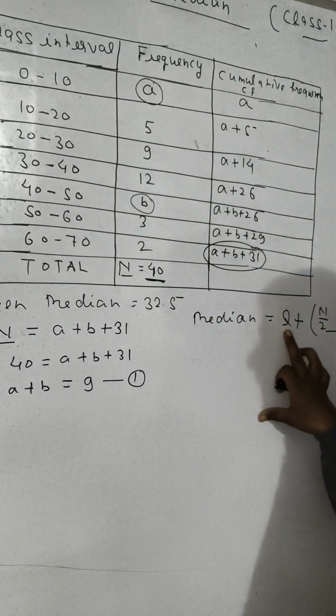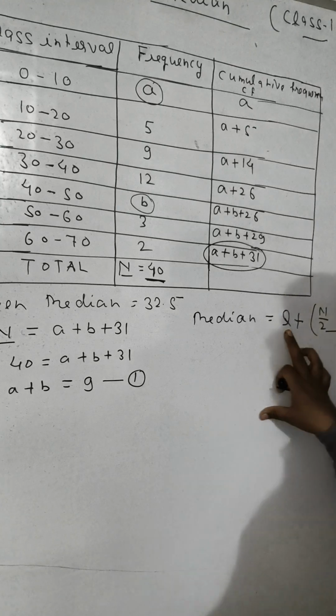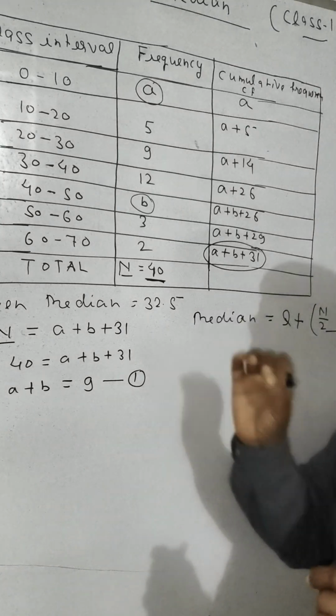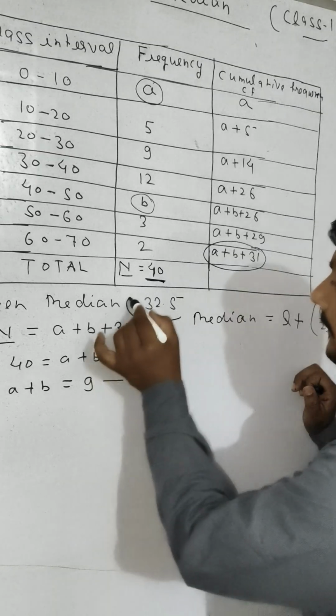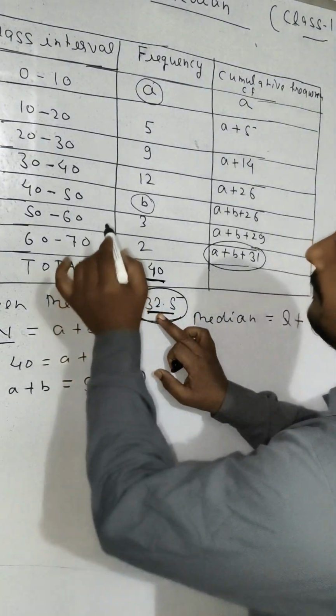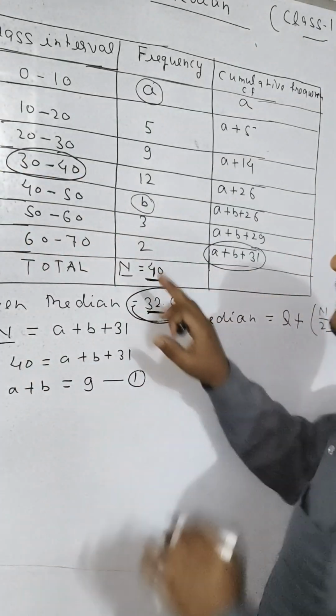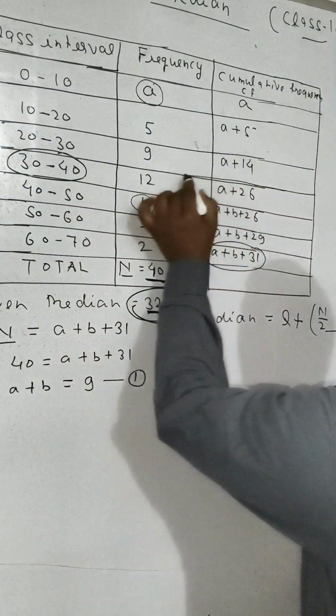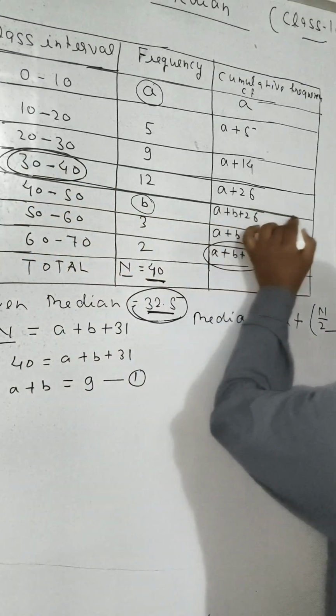L is the lower limit of the median class. So first of all, how will you decide the median class? Here the given median 32.5 lies in this class, that means 30 to 40. So this will be the median class.